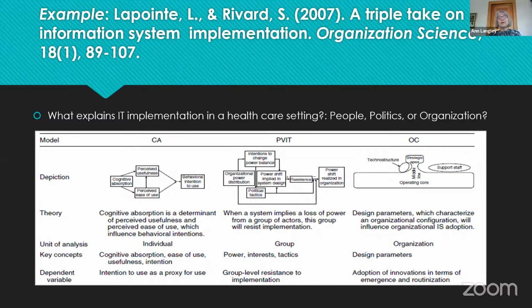The first one was that this was a problem of people, so that model was about how individuals cognitively related to an information system. If you wanted to understand whether it was implemented or not, you had to see how people found it useful or not, essentially.